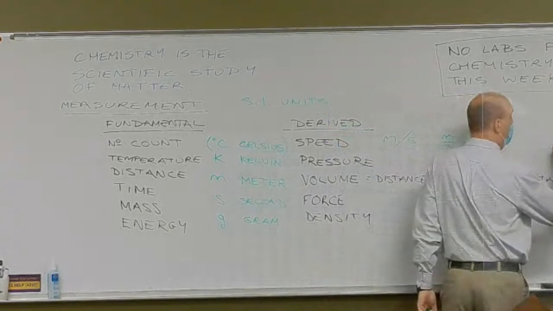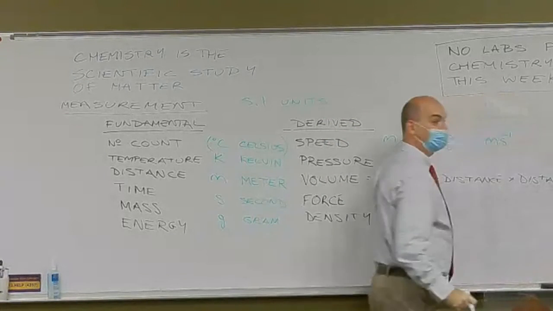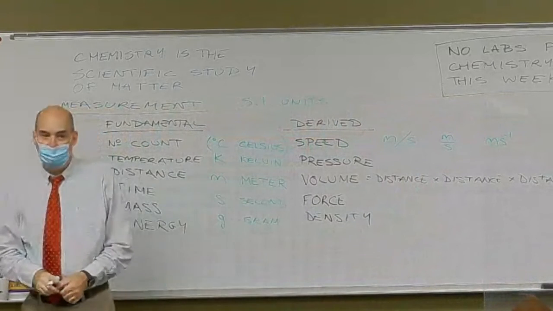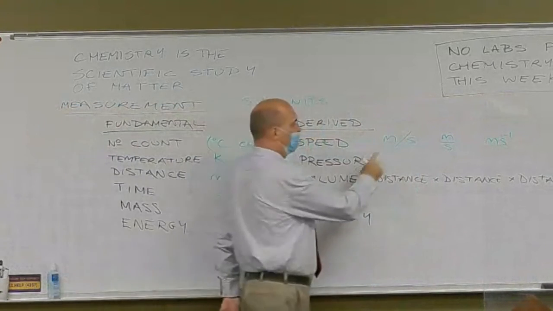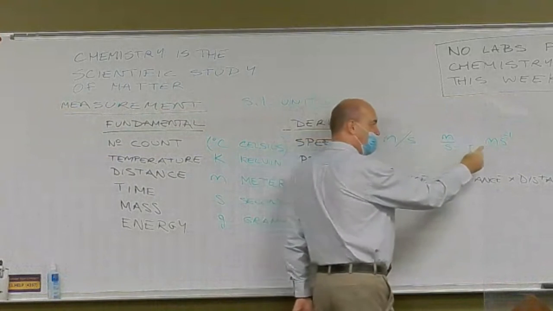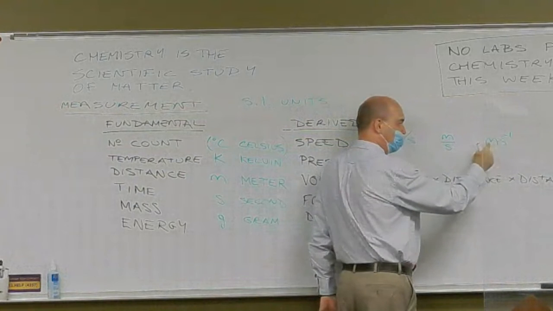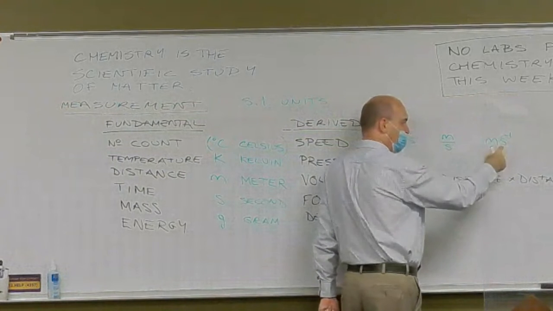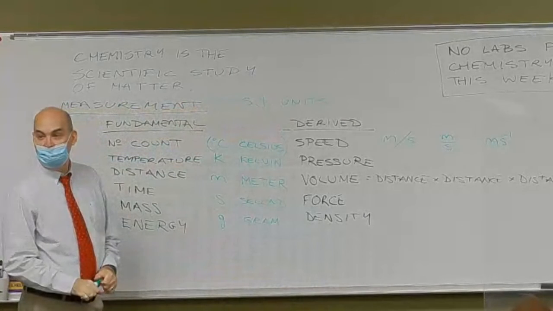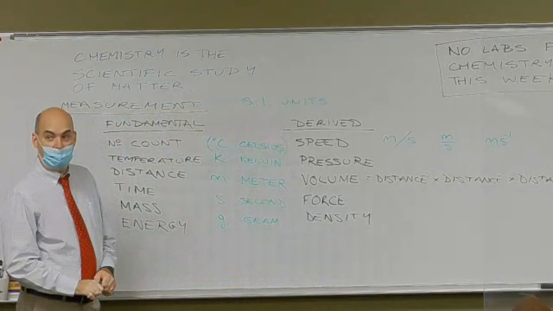And when you take a number and you raise it to the power of -1, that's the same as saying 1 over that number. Okay? So meters per second is the same as meters times reciprocal seconds, which is meters per second. Okay? That might be the first time you've seen that. We'll see it again.